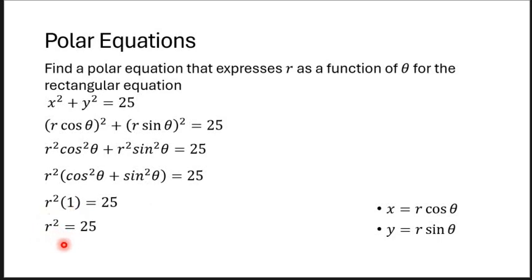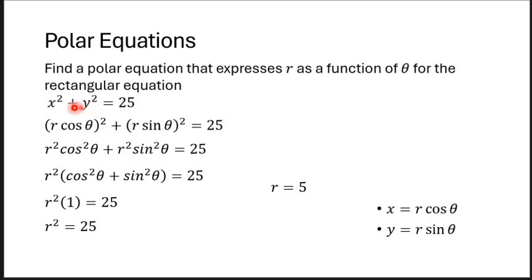So the equation is r squared equals 25, and I just want the equation of r as a function of theta. So to get r by itself, I take the square root of both sides. R is either positive or negative 5. I'm just going to take the positive radius here. This is the equation of the circle, just r equals 5.